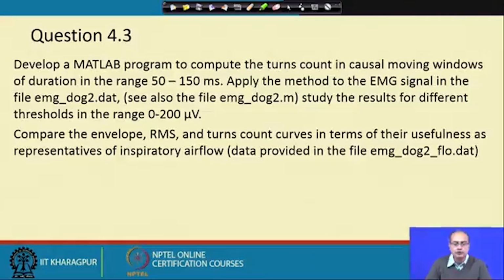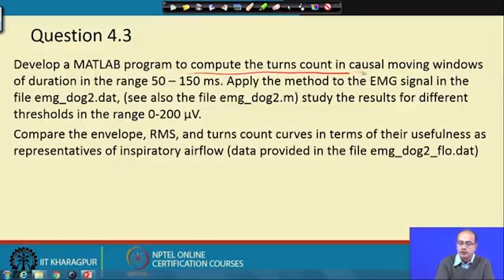Now, we will take the third assignment of the fourth tutorial. Here what we have to do is compute the turns count in a causal window, between the range of 50 to 150 millisecond, and apply the method on the same EMG signal, and study the effect of different thresholds.